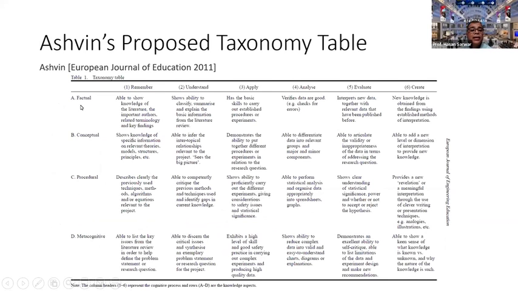And here Ashwin has mentioned a taxonomy table, a real one that has been used in certain projects of their department. So here they are showing that for factual knowledge in the remember column, they are showing that able to show knowledge of the literature, the important authors, related terminology, and key findings.